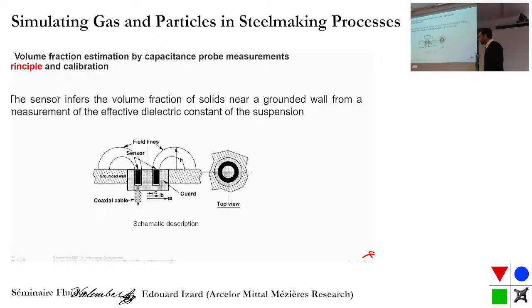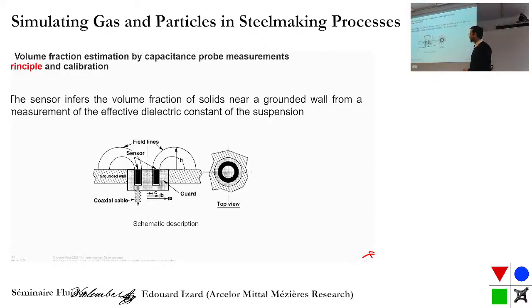So here, in fact, we have an electric field going from a sensor to a ground, which is a target. And in fact, we have the guard also that emanates the same electric field, from the sensor and the guard to the mass.